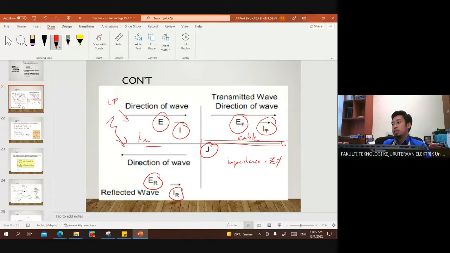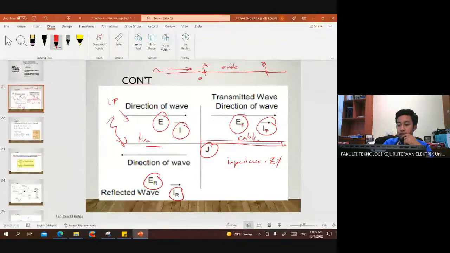Okay. But bila kita ada satu destination, for example, here we have a point A and B. Kalau dekat sini, surge ni mula dekat sini, dia akan start dekat junction A ni, daripada point 0, for example, this is a cable.